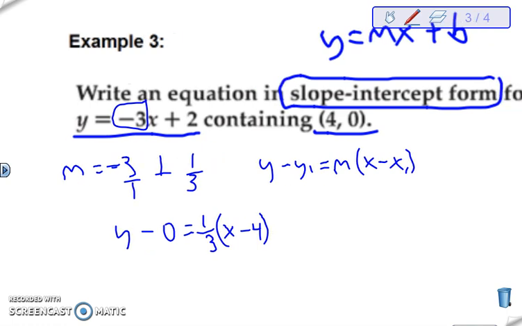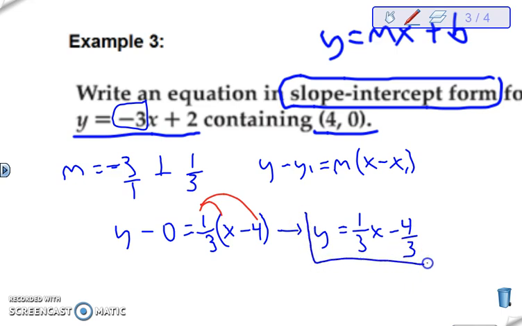So I'm going to need to simplify this. So y minus 0, we know is equal to y. We know if there's a number in front of the parentheses, we're just going to distribute. So 1/3 times x gives me 1/3 x. And then 1/3 times 4 gives me 4/3. I now have it matching the mx plus b formula. So that's my answer.